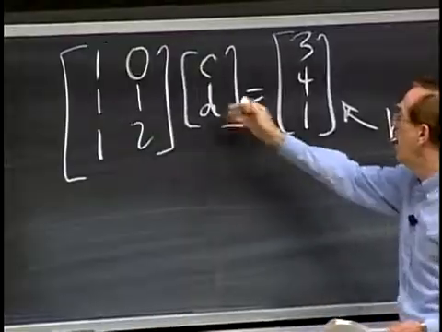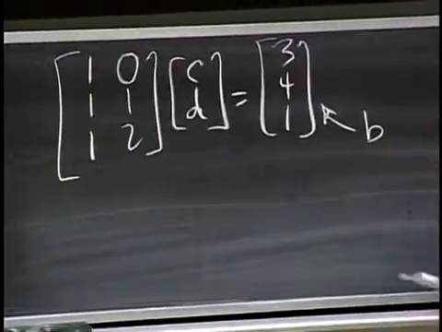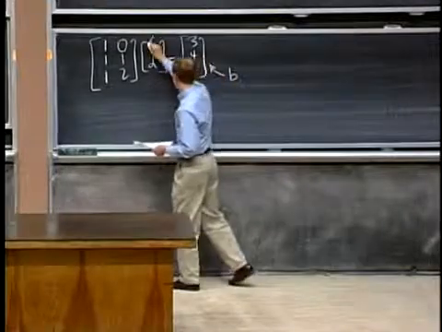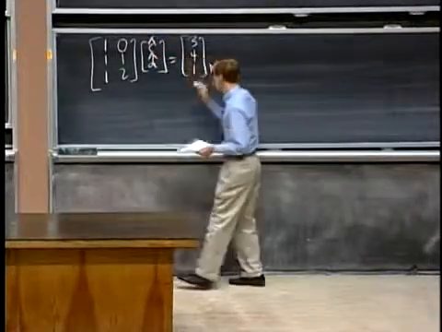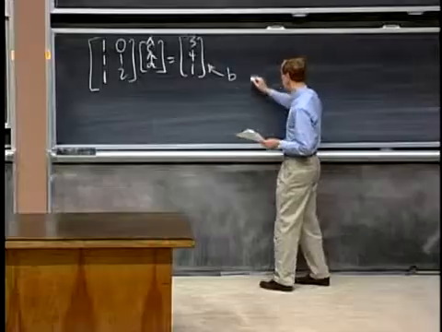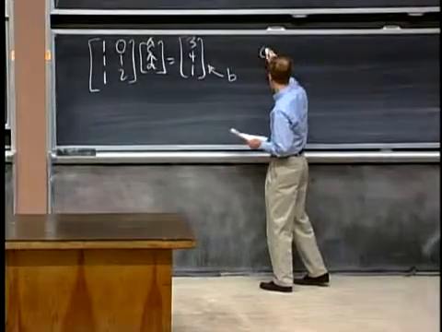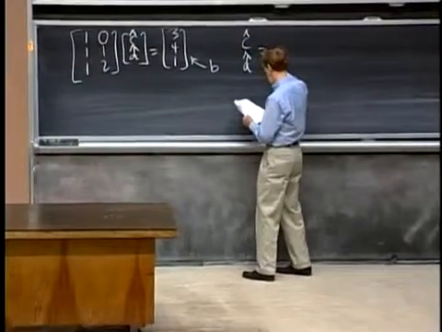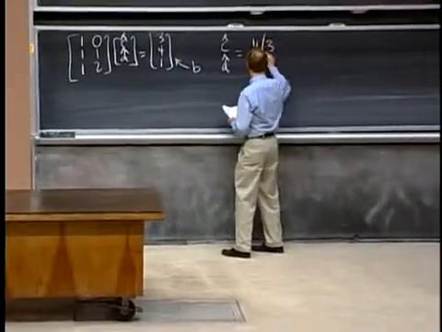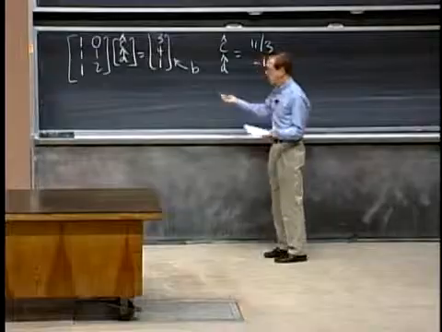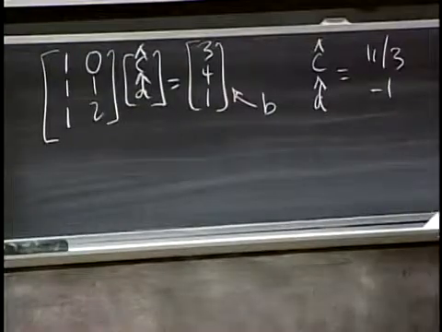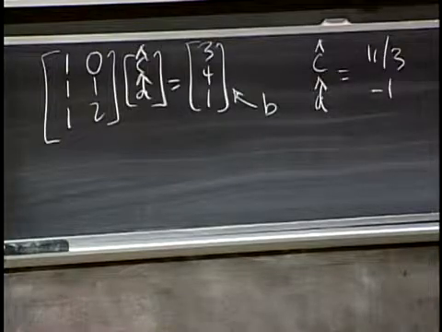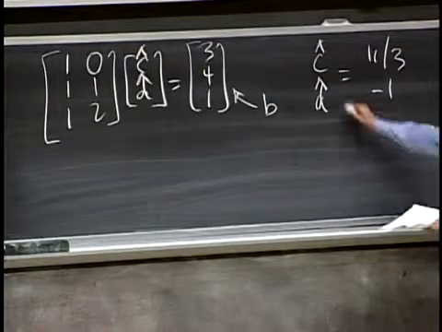This is A x equal B. And the least squares solution, so may I put C hat D hat to emphasize it's not the true solution, is 11/3 and minus 1. Of course, you could have figured that out in no time. So this year I'll ask you to do it, probably. But suppose we're given the answer.